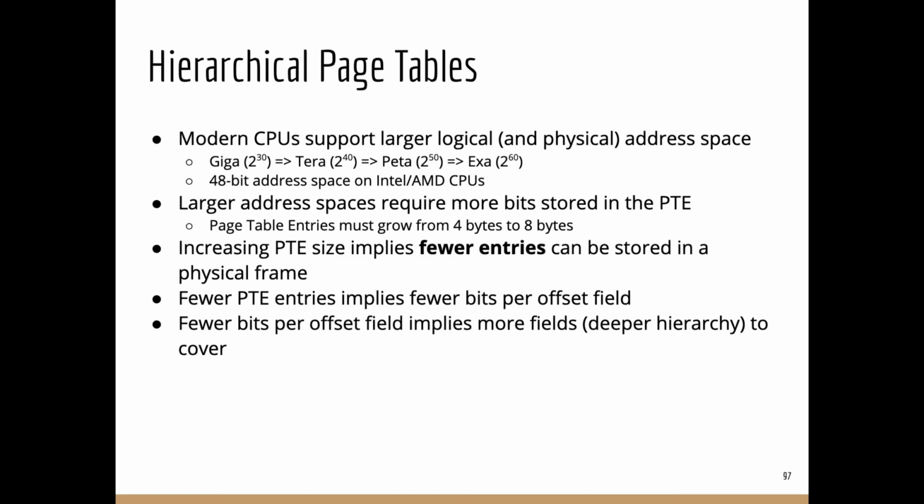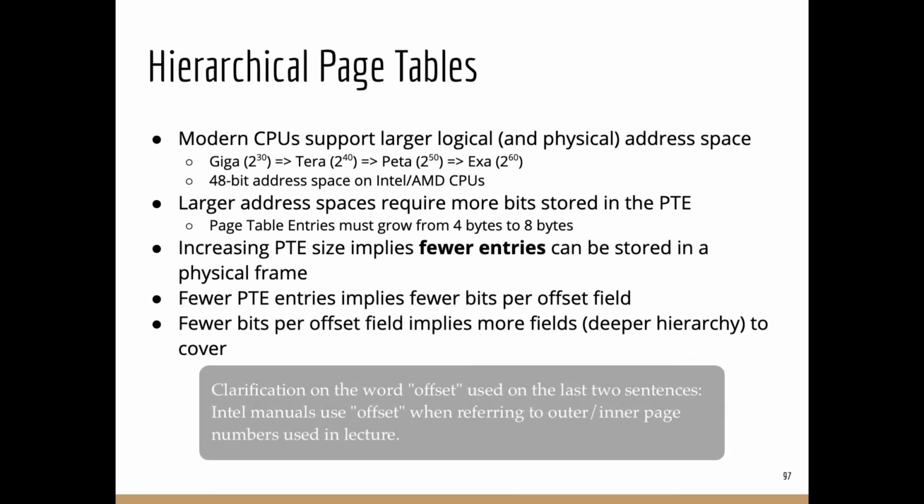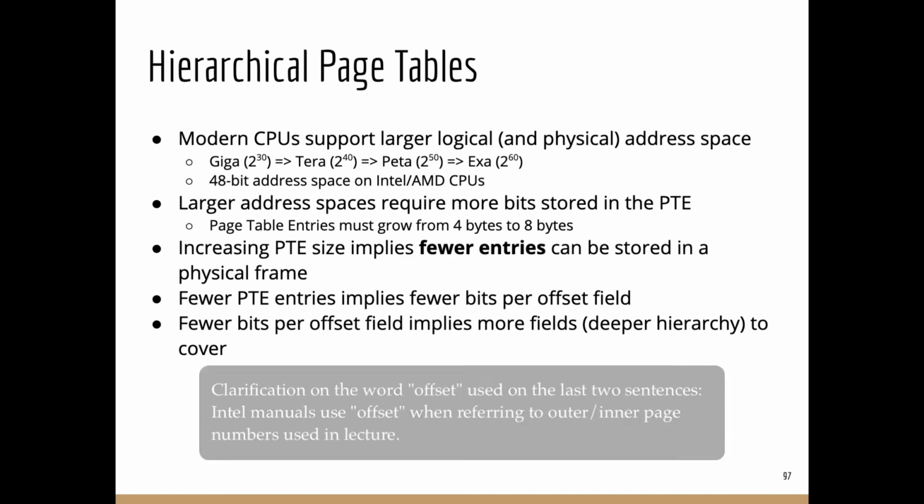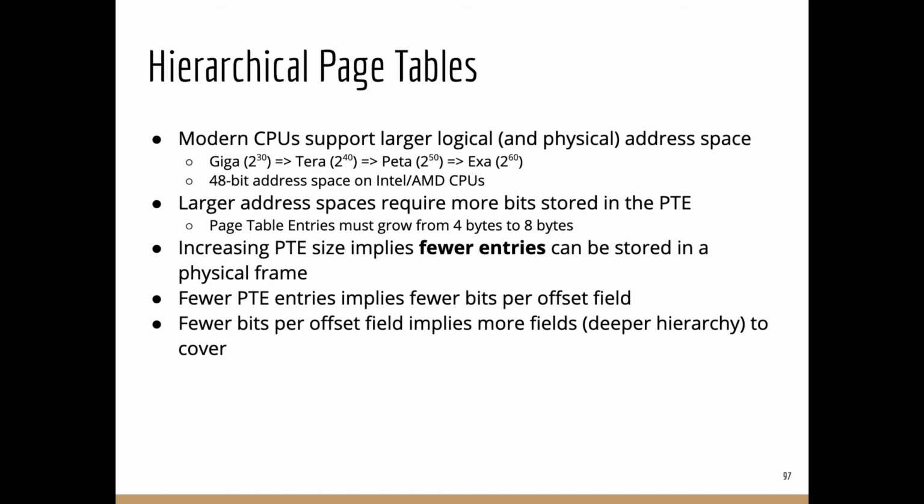But also fewer entries implies fewer bits will be assigned for a page number. And to cover a 48-bit address, using fewer bits of page number, the logical address format must use deeper hierarchy, up to 4 levels deep.